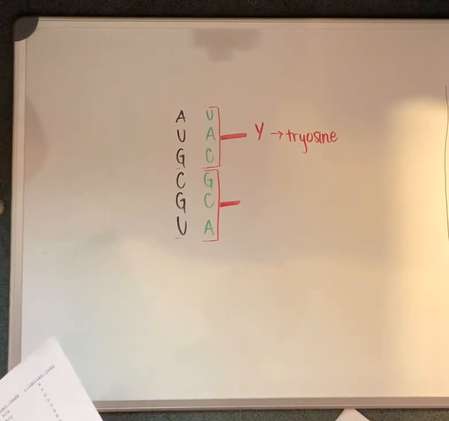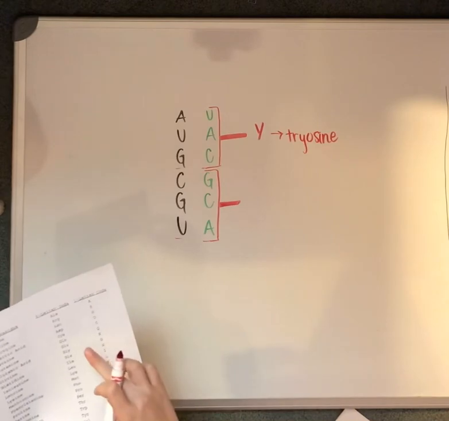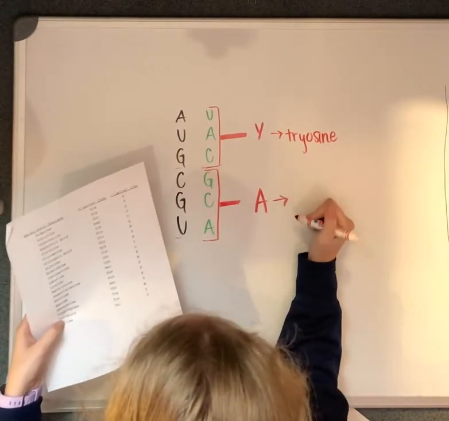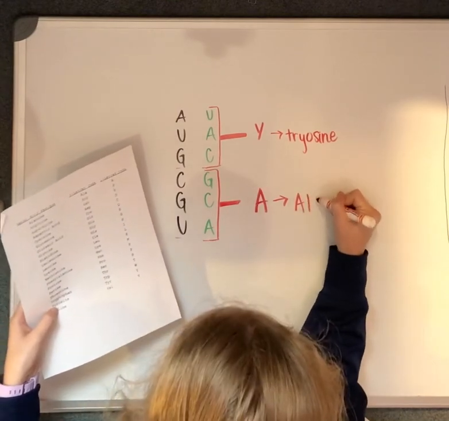And then the second one would be GCA, which would be A, which is also known as alanine.